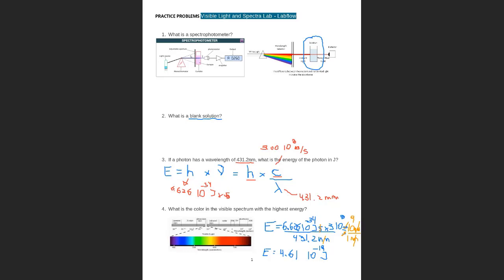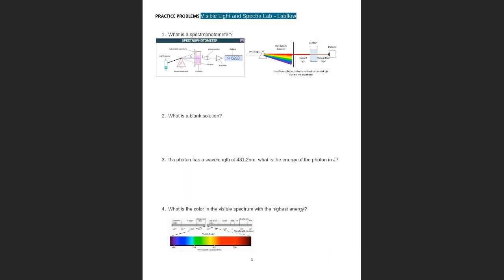Now, let's look at the last question. Let me erase here, and we are going to look at question number 4. It says, what is the color in the visible spectra with the highest energy?